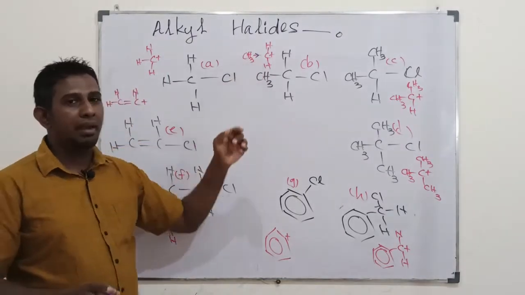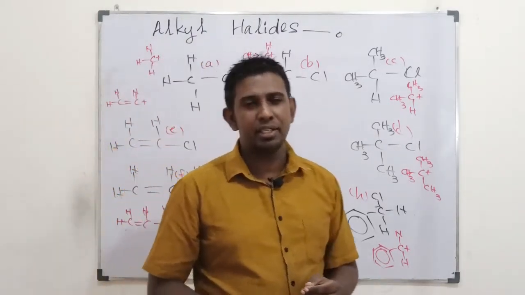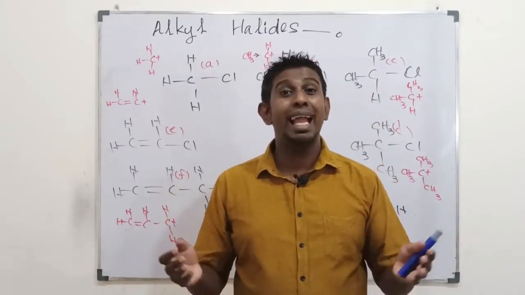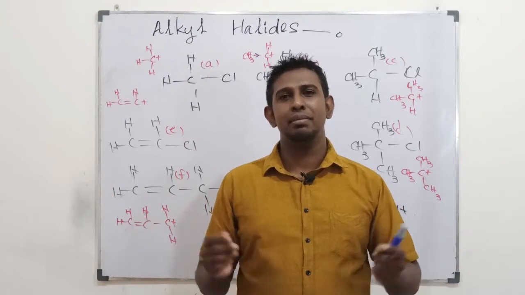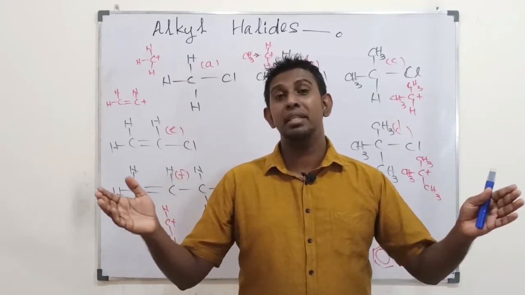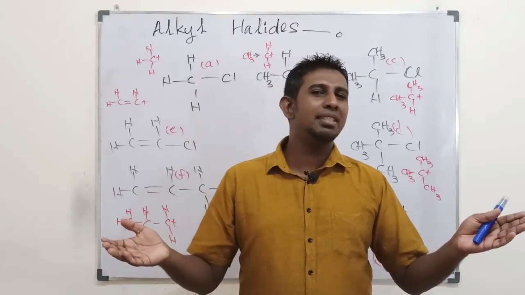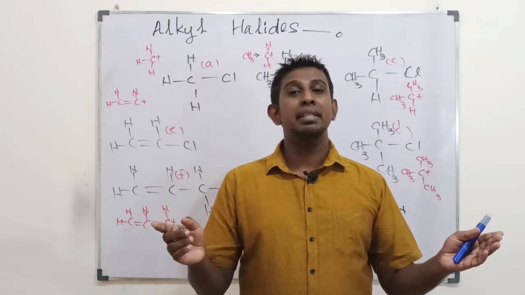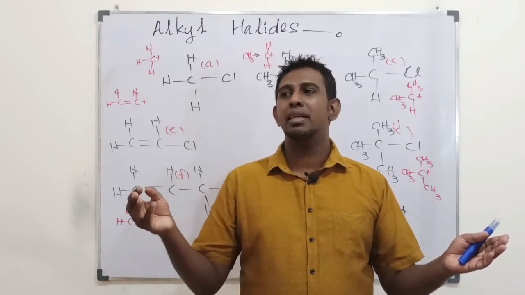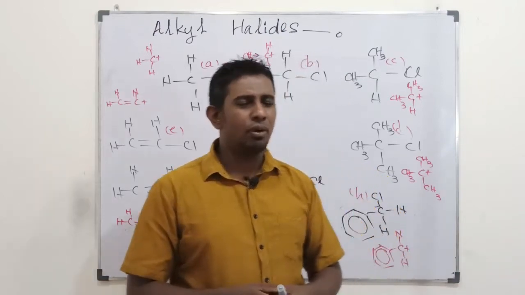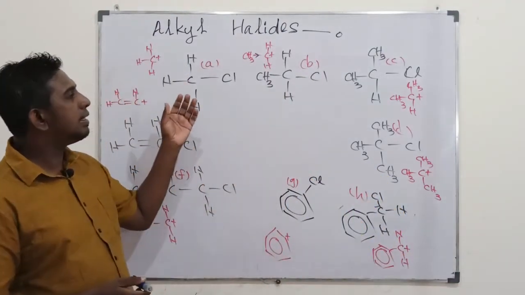I need to say this as well. Students, when you find charges on atoms, they are unstable compared to when you do not have any charge. When an atom is electrically neutral, it would be more stable than when the same atom is carrying either a negative charge or a positive charge. Therefore, the comparison is made.